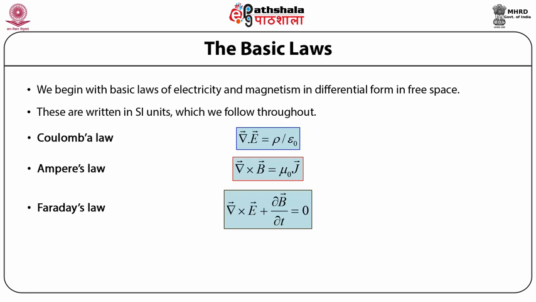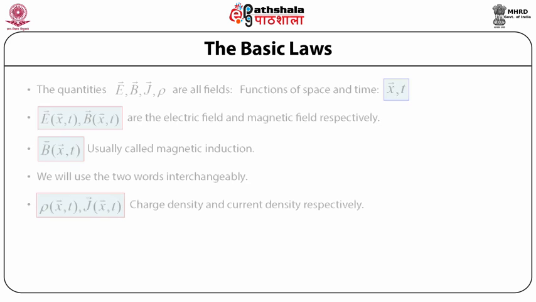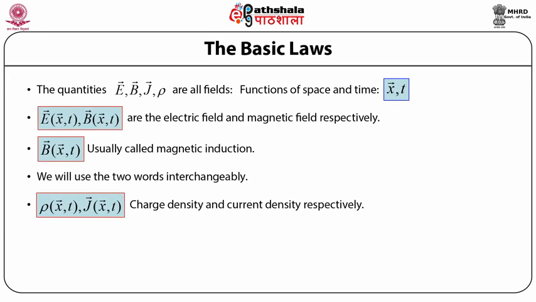And the fourth law is the absence of free magnetic poles, that is, the absence of magnetic monopoles, which is given by the equation that the divergence of the magnetic field induction vector B is equal to 0.